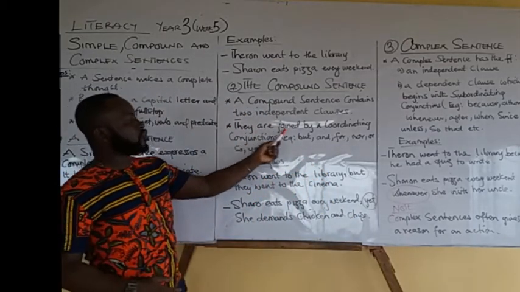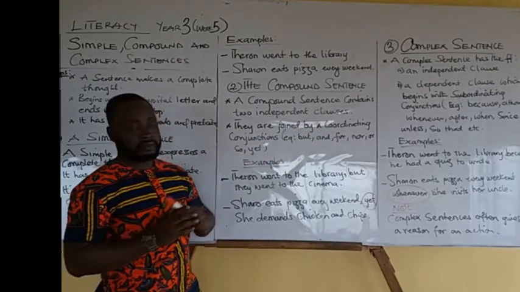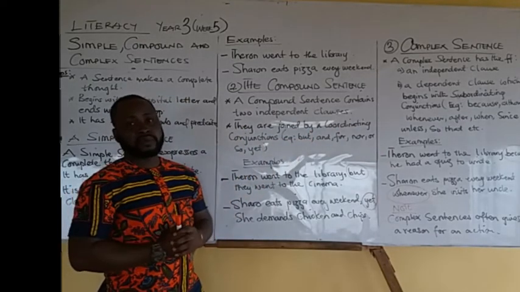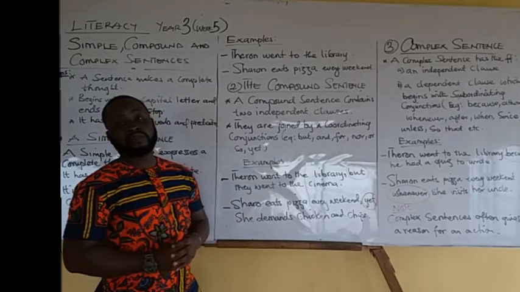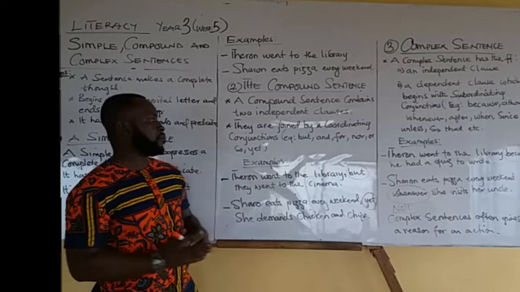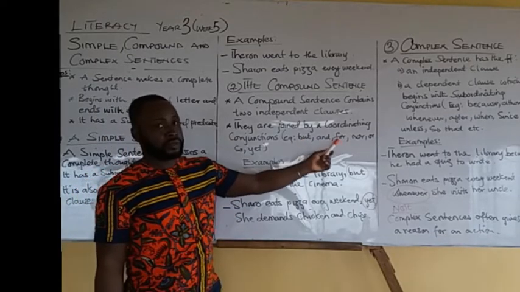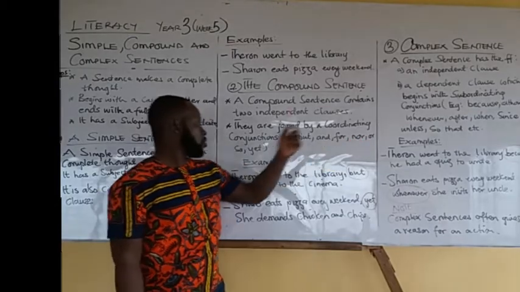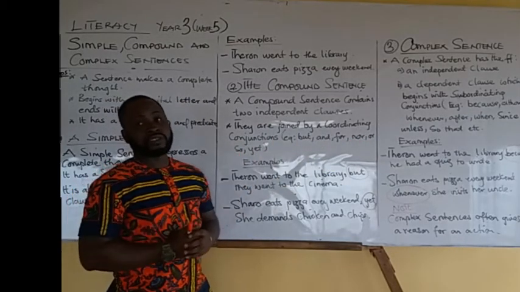Now, they are joined by a coordinating conjunction. Now, what are some examples of coordinating conjunctions? They are the conjunctions that we use every day. Example, but, and, for, nor, or, so, yet. All these are conjunctions.